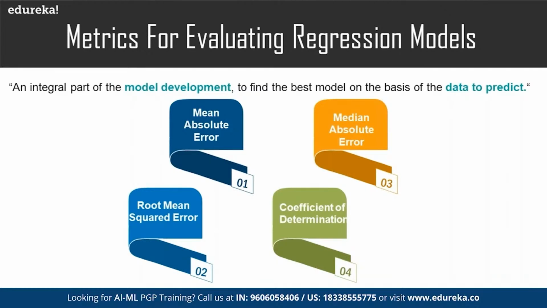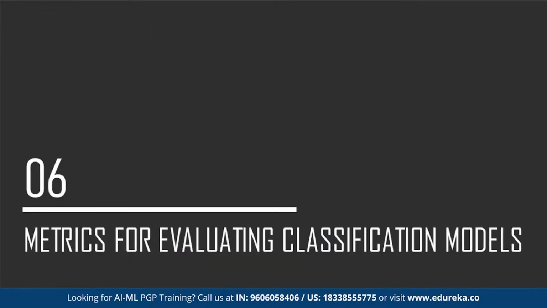So the next one would be metrics for evaluating classification models, and here we will go in depth talking about different types of evaluation metrics, otherwise called performance metrics, also known as error metrics. And what we do here, we do it for the classification task.